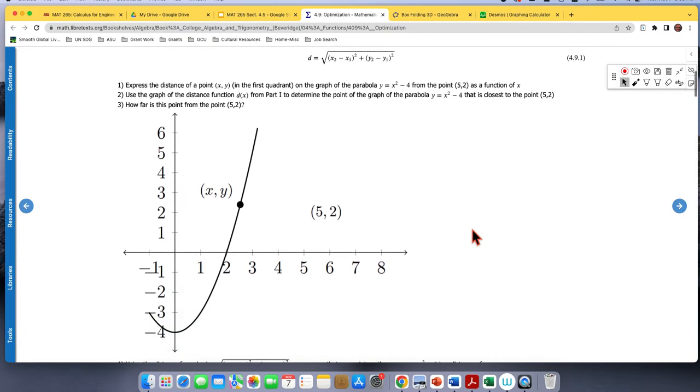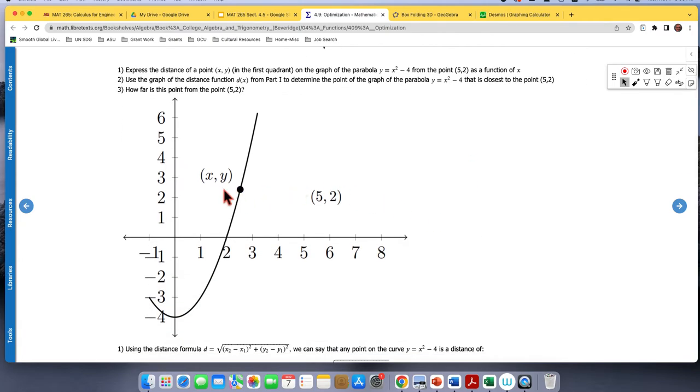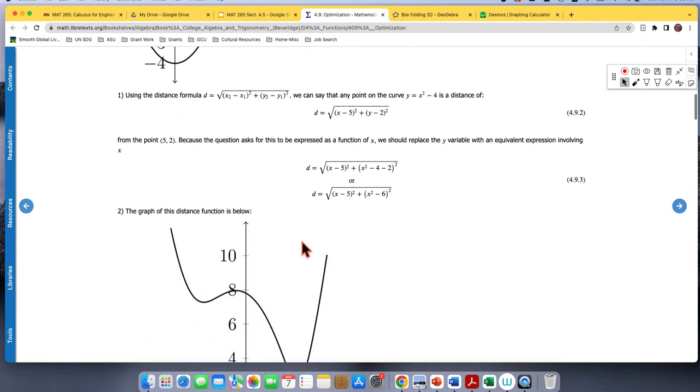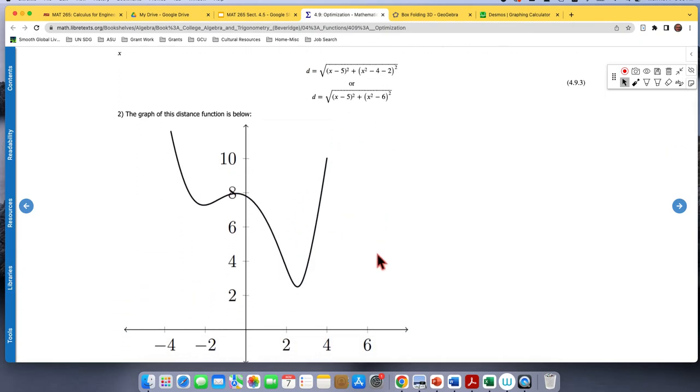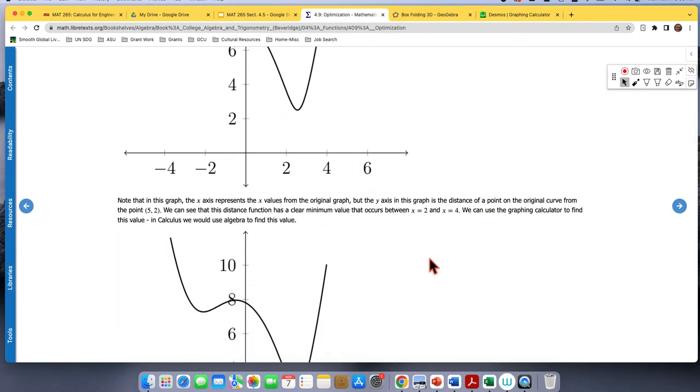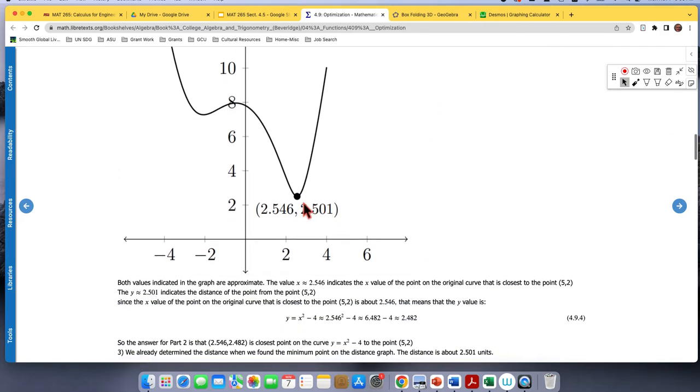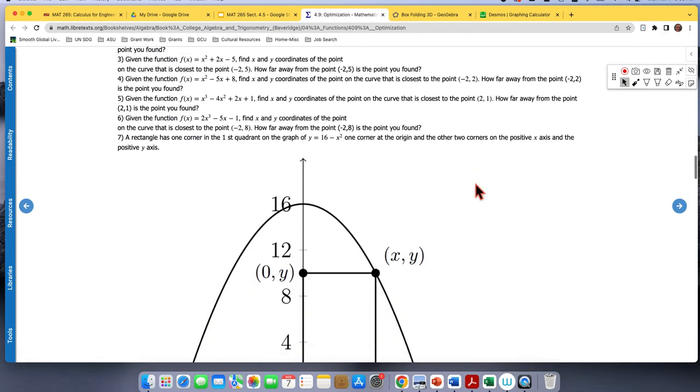But they've got a couple problems in here, and they've got a point here with a point over here, and some kind of an optimization problem as to which point on this graph would minimize the distance from there to some other point, to 5.2. 5.2 would be here. And they've got some other curves in here, and they go through and solve the problems, or at least they're solving different things.